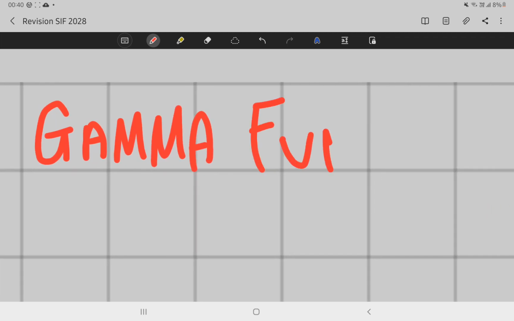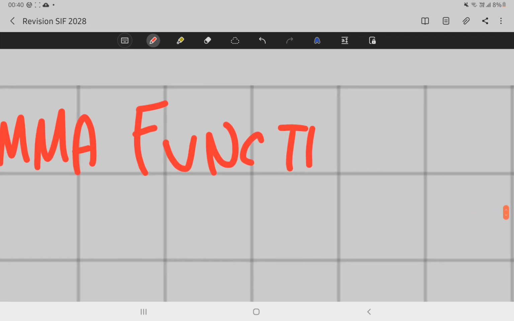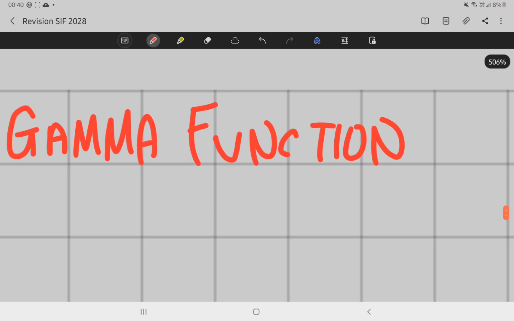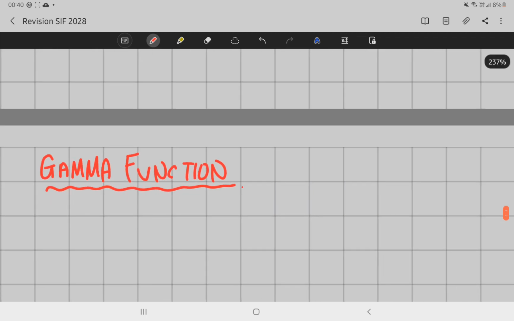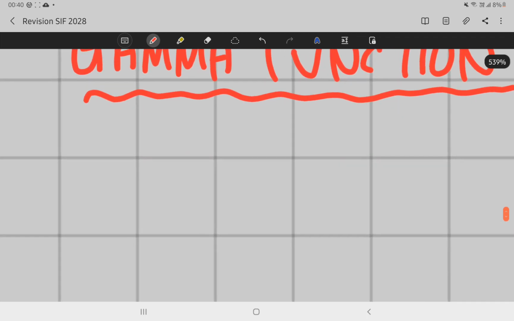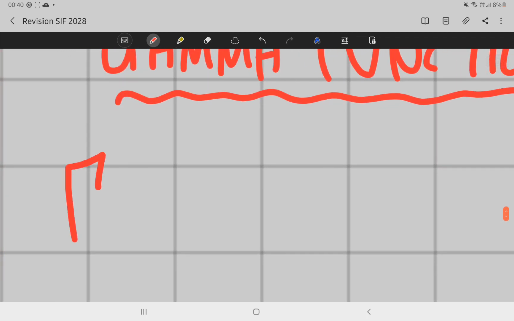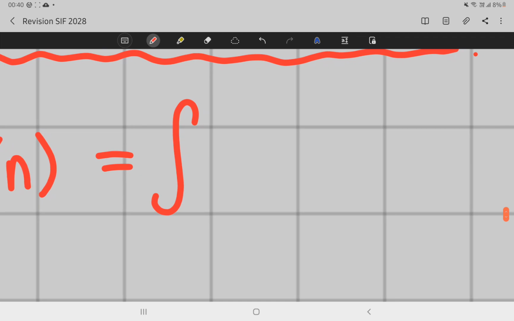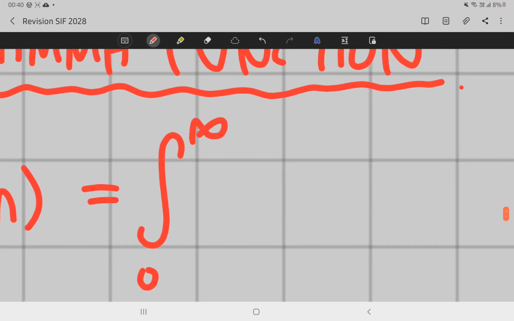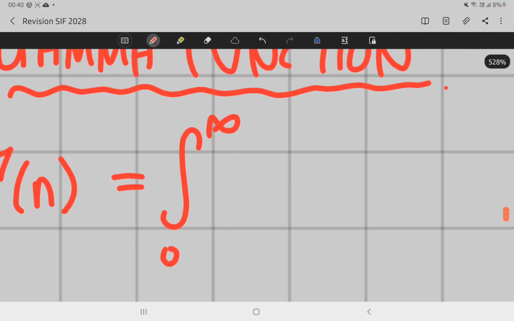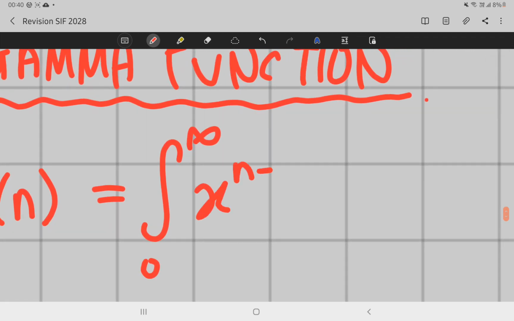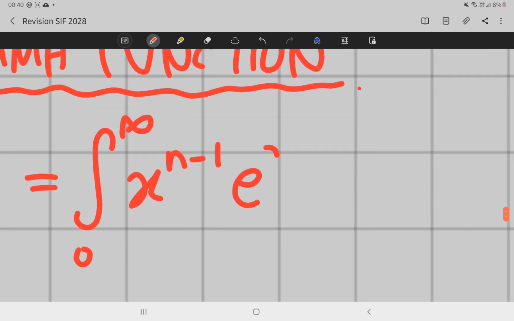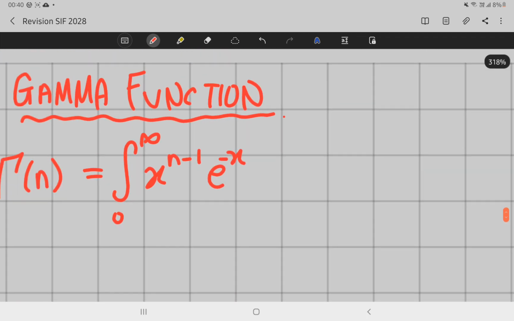The definition of the gamma function is: gamma of n is the integration from 0 to infinity of x to the power of n minus 1 times e to the power of minus x dx.